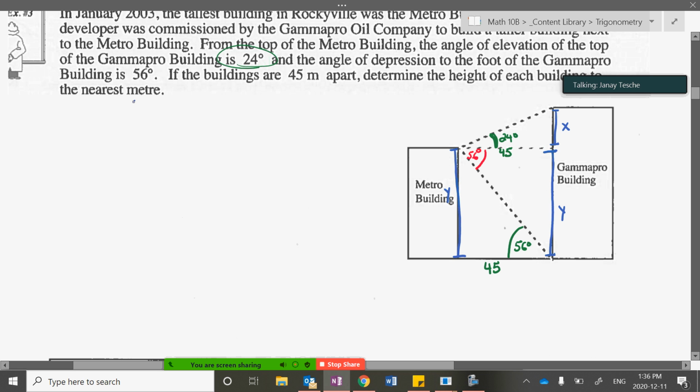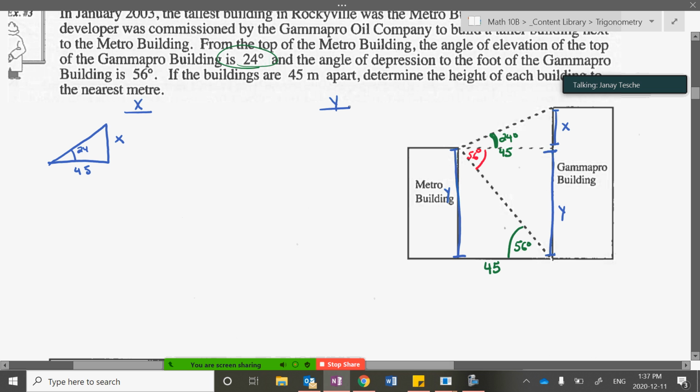Knowing that, we have a couple of triangles we can use. So to find that little bonus extra height, that Gamma Pro is bigger than Metro, we have this little triangle where this is 24 and 45.